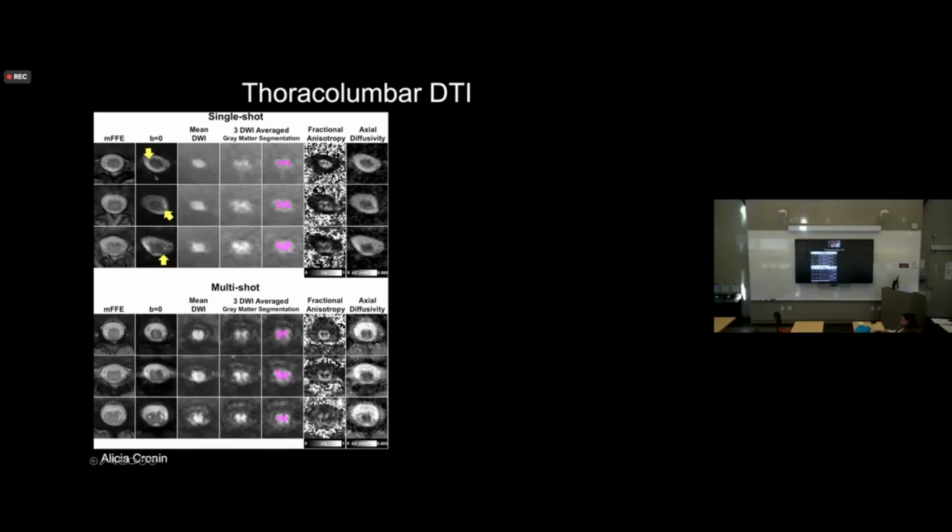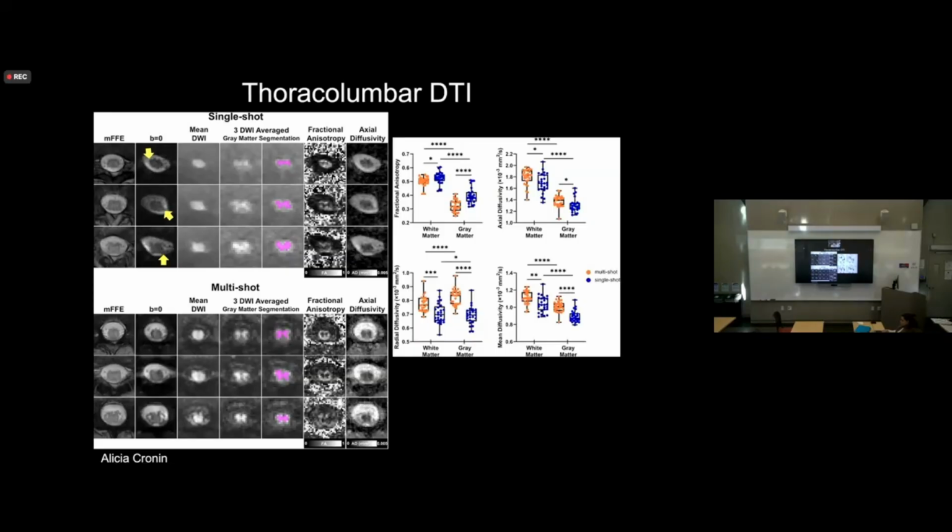Compared to the single shot, where there's a significant amount of distortion, a lot of that is cleaned up in the multi-shot sequence. And this allows us to characterize the difference between white matter and gray matter, to generate contrast between them in the FA, and also some contrast in the radial diffusivity between white matter and gray matter.